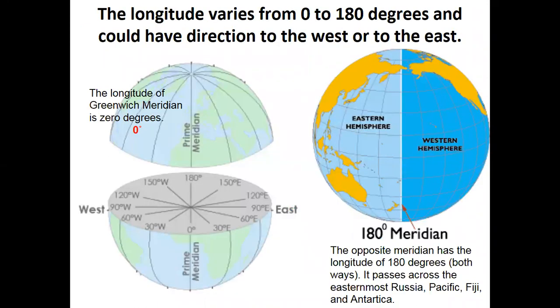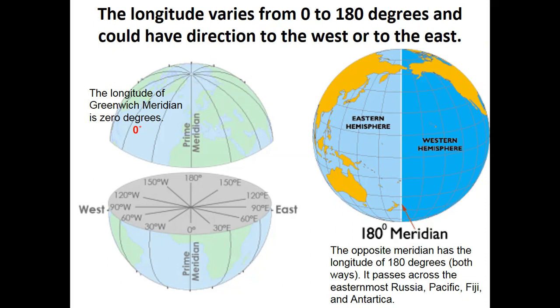The longitude we could measure from that zero meridian, or Greenwich meridian, in both directions, to the west and to the east. It could vary from 0 to 180 degrees, and it also has a direction, to the west or to the east.